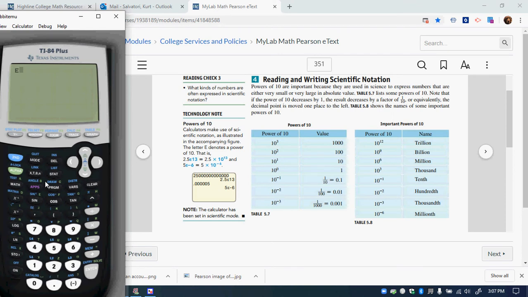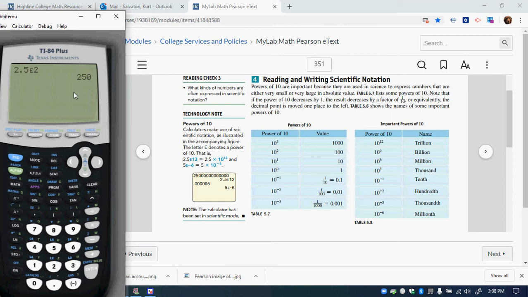So I could do an example: 2.5, then I hit second E, and then type in a 2. What does that give me? Well, that's 250. This 2 is 10 to the second power, which causes the decimal to move to the right 2 places. That's why you get 250.